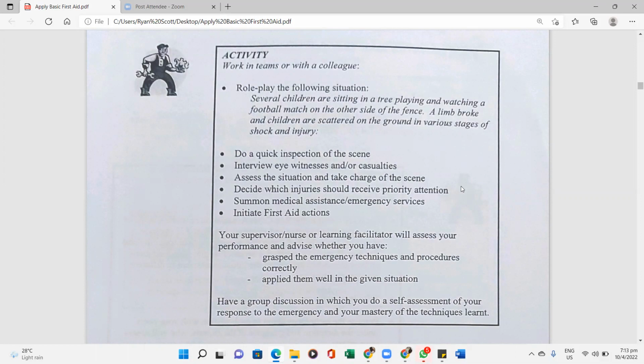Do a quick inspection of the scene, interview eyewitness and or casualty, assess the situation and take charge of the scene, decide which injury should receive priority attention, summon medical assistance and emergency service, and initiate first aid action.